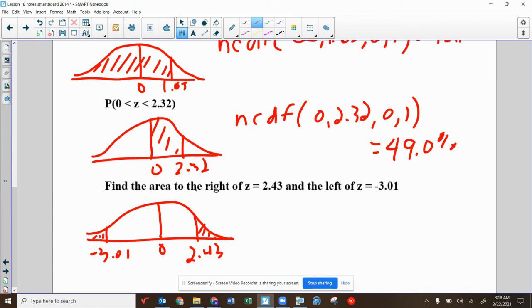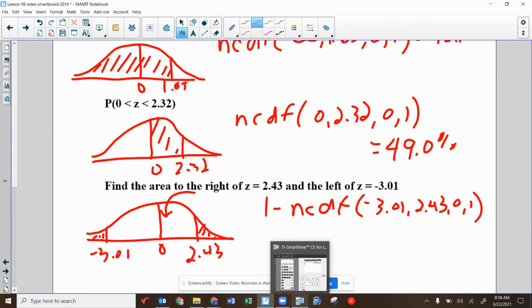Or you could do in between those two and subtract from 100%. Remember, this whole entire thing is 100%. So instead of doing this twice, you could do 1 minus normal CDF in between the two. Either way is going to give you the same answer.